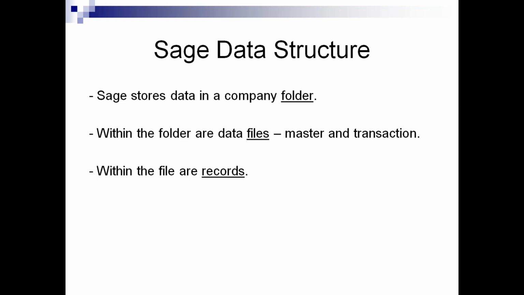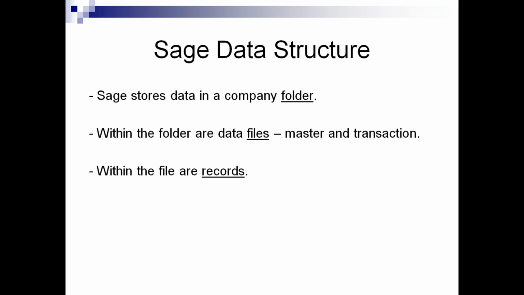Within that folder are a set of files. The files you're going to be focusing on for your report writing are the master files and the transaction files. On page 1 of your handout, it talks about the 3 different types of transaction files and the master files. The transaction files are where all the detail is stored.